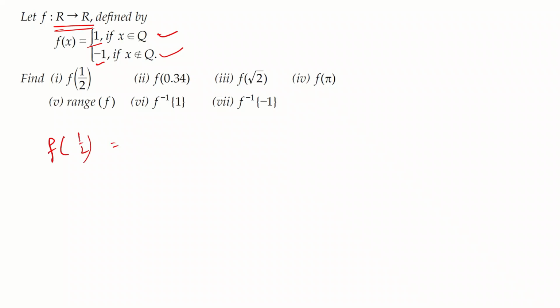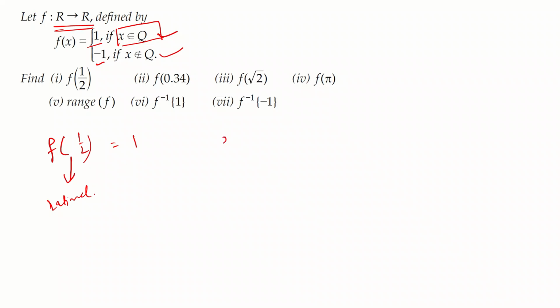Half is a rational number, right? So whenever x is a rational number, the definition of f says the output is 1. So f of half is also 1, because whenever your input x is rational, your output is 1.